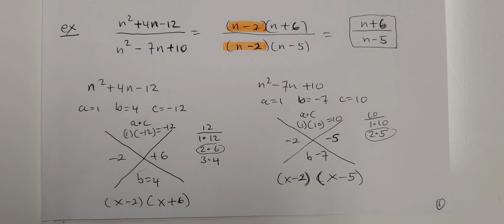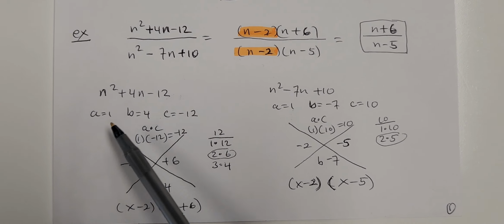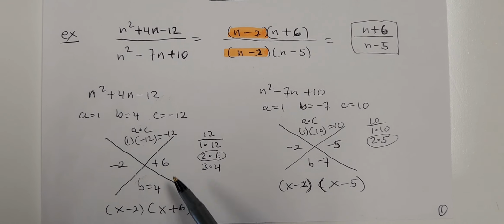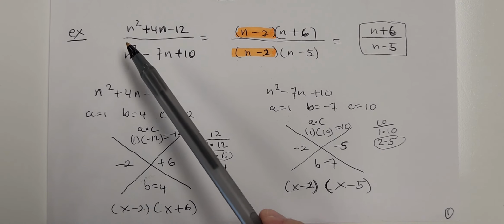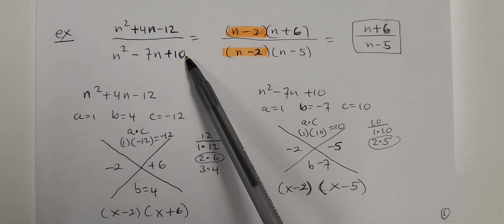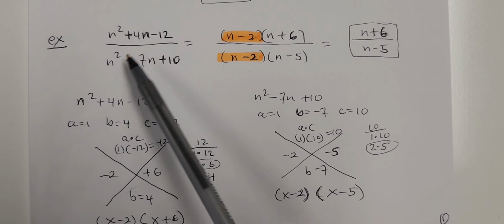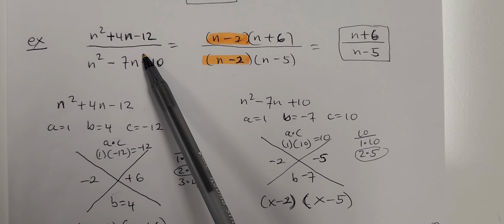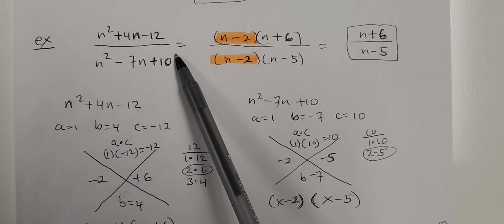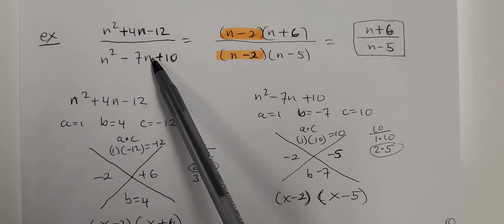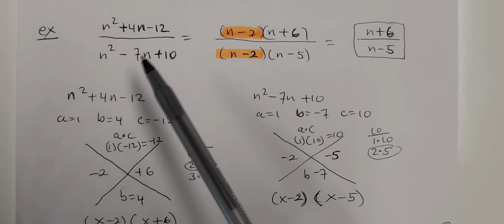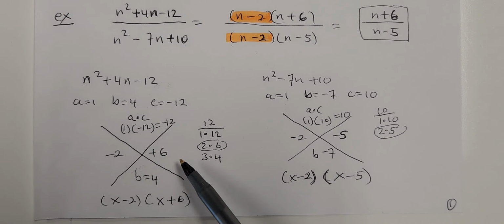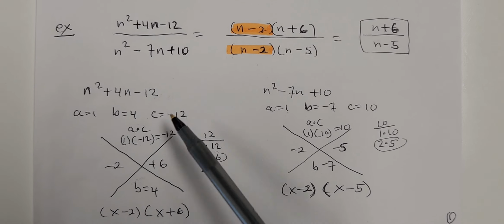One more time, you only do the A, B, C using the X method if you have 3 terms: the square, first power, and no power. So first term, second term, third term. Then you will do this X method, the A, B, C.